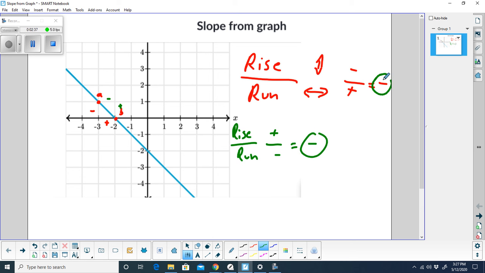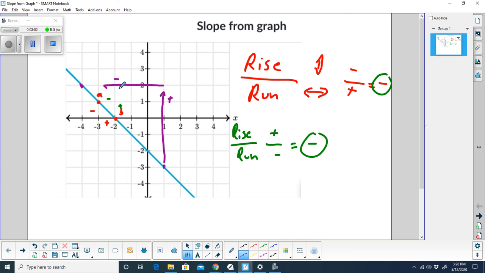So essentially, what this means, and you can do this between any 2 points. If you think about it, if I pick this point up here and I'll pick this point up here, right? These are far apart from each other. The rise here is up, so that's positive, and the run is to the left, which is negative.